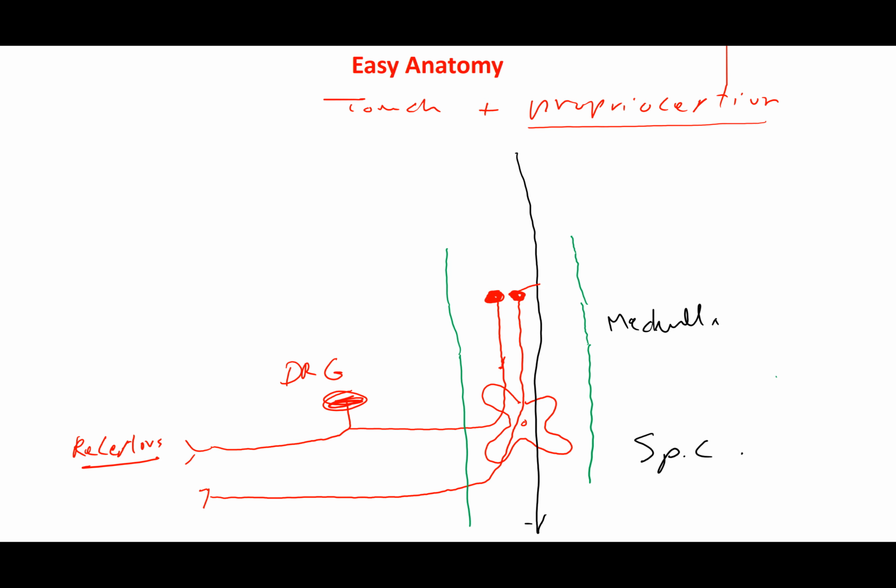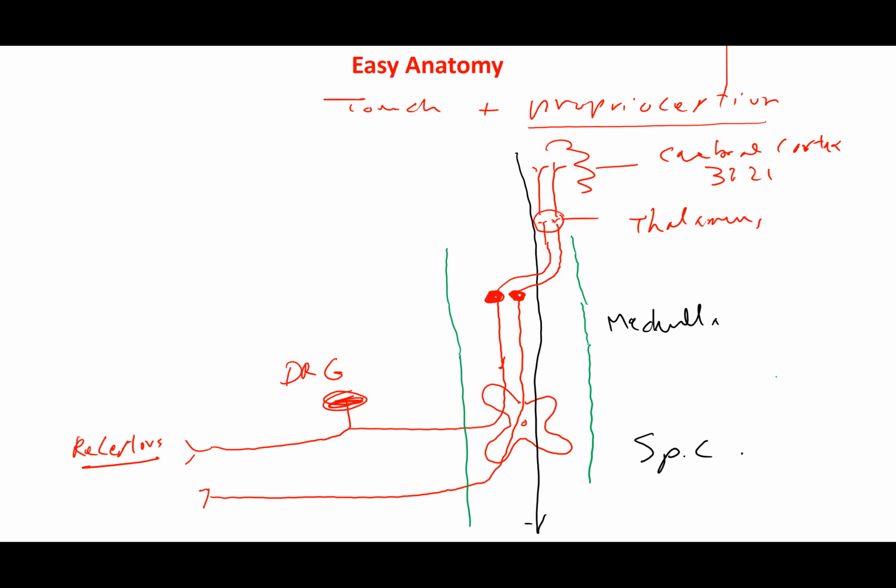So the second order neuron crosses in the medulla and ascends to the thalamus, and from the thalamus the third order neuron projects to the same side sensory area of the cerebral cortex, and this is the sensory area, areas 3, 1, 2.